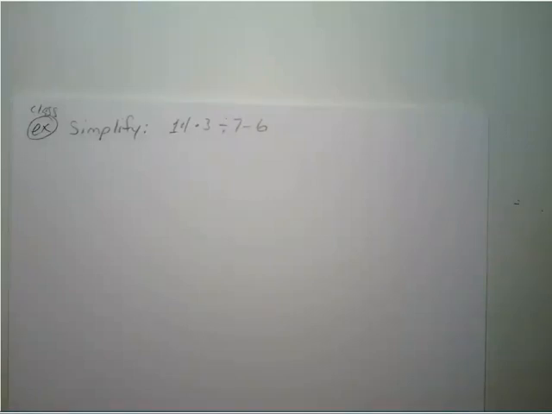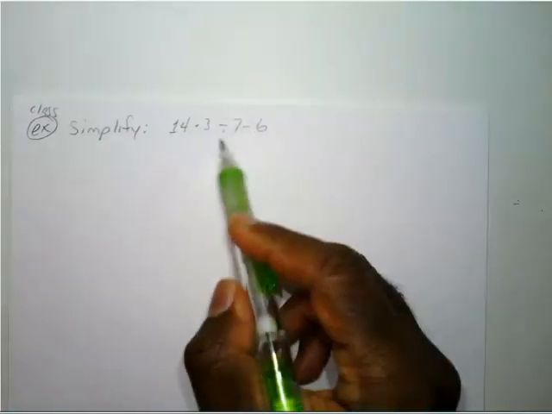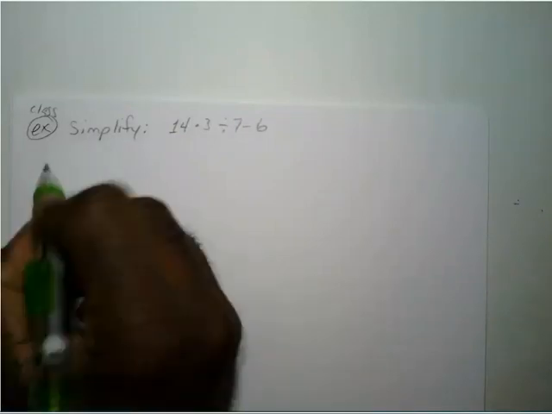So what if we wanted to simplify 14 times 3 divided by 7 minus 6? Once again, I want you to pause and try this one on your own. All right, so I'm assuming you've paused it.